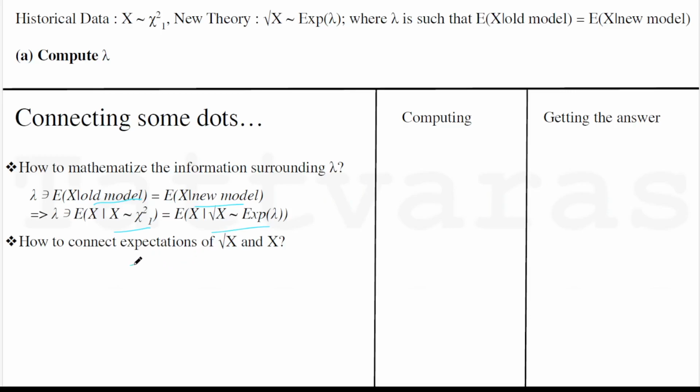But now, how do we make sense of the expectations of root x with x? We use the formula of variance. Variance of any variable is the difference of the expectation of the square of the variable and the square of the expectation of that variable. That is a fairly known formula.